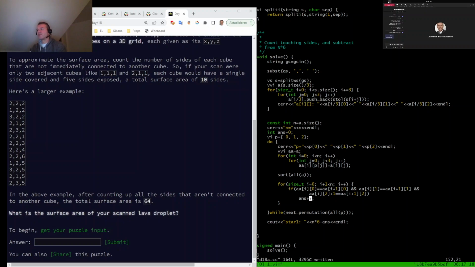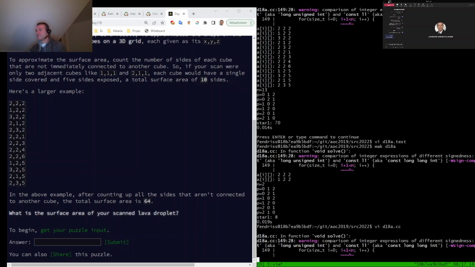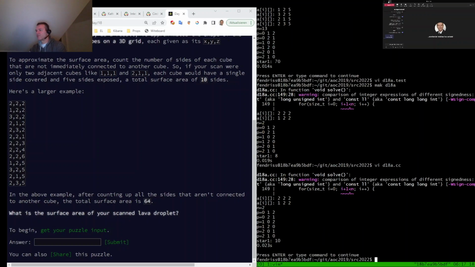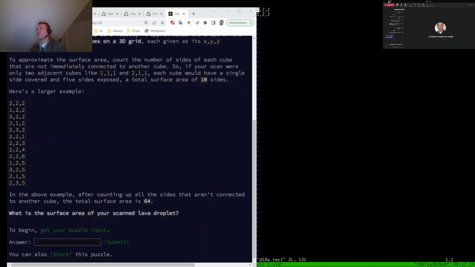So we count them twice, and then okay. Not nice, but this way it should work. Okay, for 1 cube it works. So let's try it on all 13.